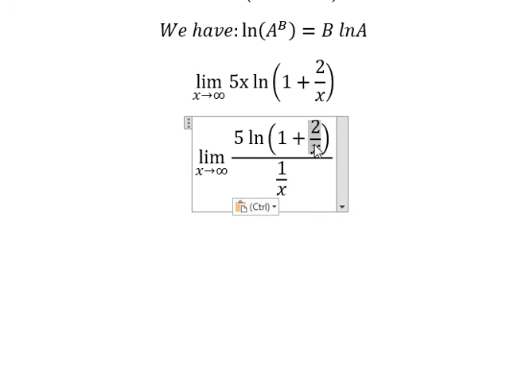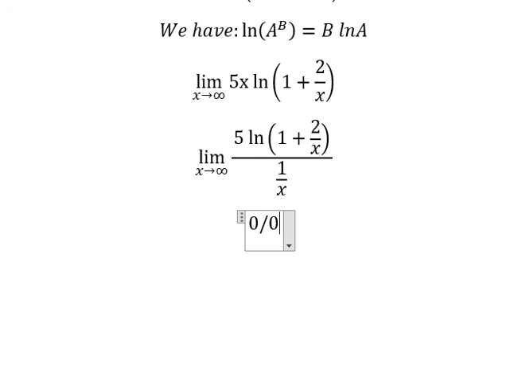This one you got about 0. Ln of number 1, you got about 0 in here. So we have 0 over 0. Now we can use about L'Hospital.